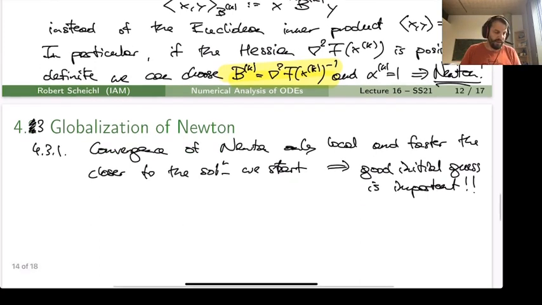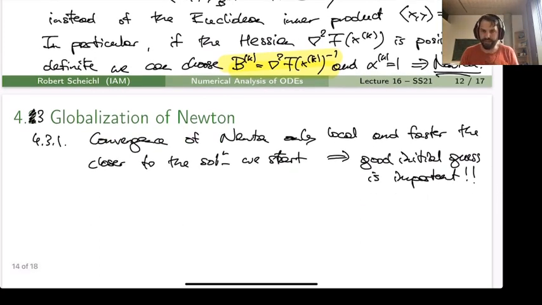So let's start with what we could pick. Remember, we are still in this whole lecture talking about, or at least in the previous chapters, talking about solving initial value problems. And we are solving these initial value problems in this time-stepping procedure.